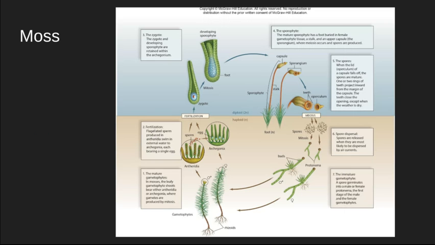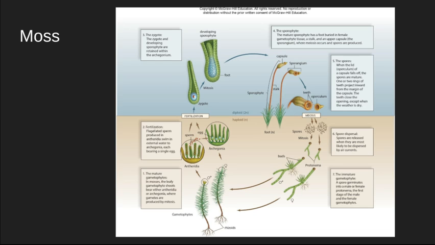They are quite different. Unlike protists, they do possess those cuticles and complex tissues. This is a picture of moss going through its gametophyte and sporophyte generations.